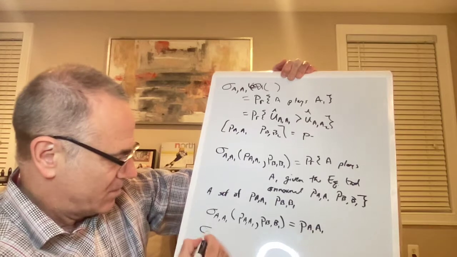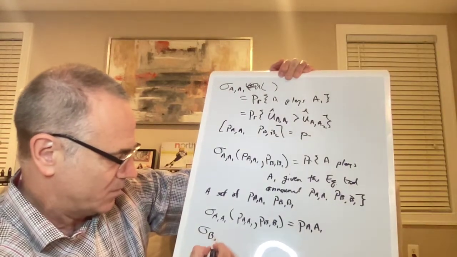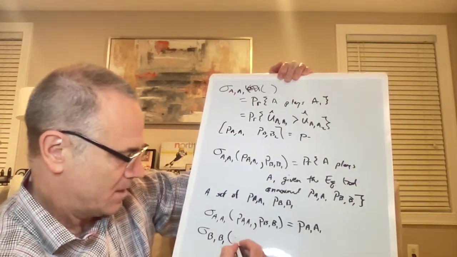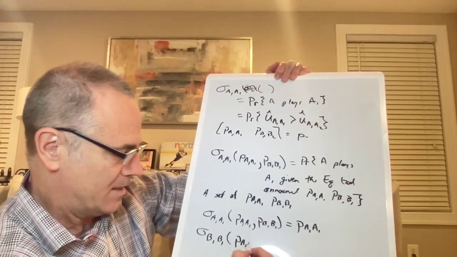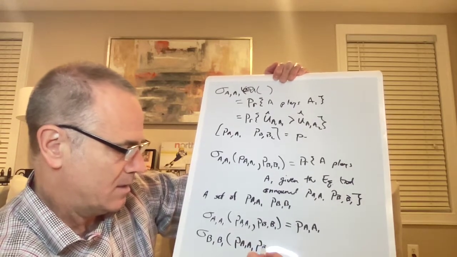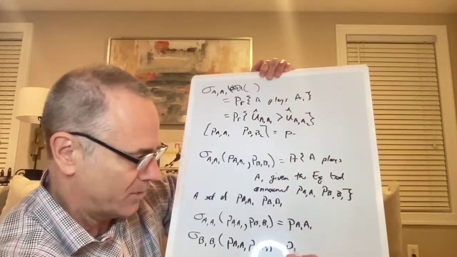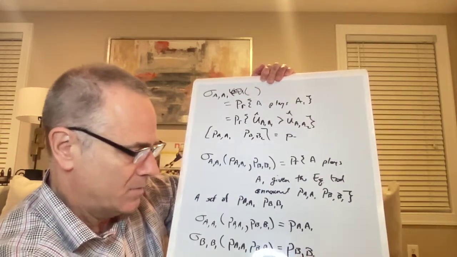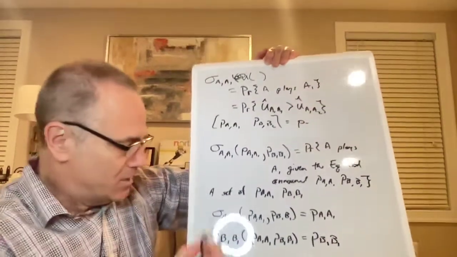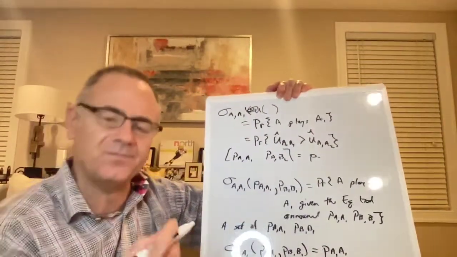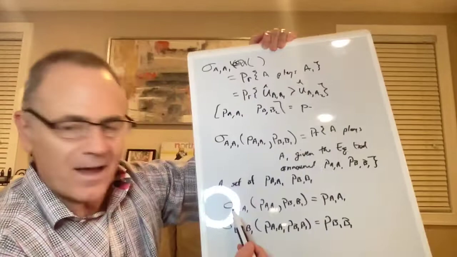And then the same thing is true for player B, sigma B B1. So given A1, P B B1 equals what the equilibrium God said, PB PB1. Okay. So remember, these sigmas are what we calculate.